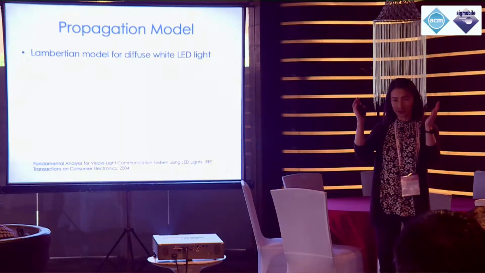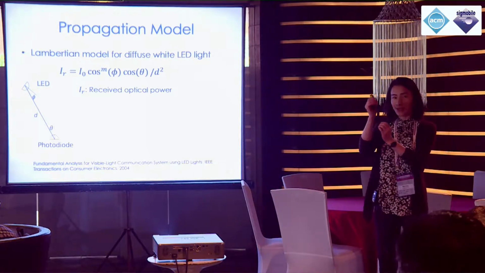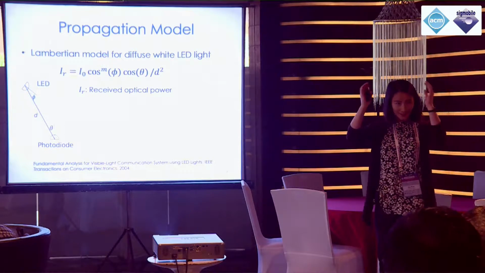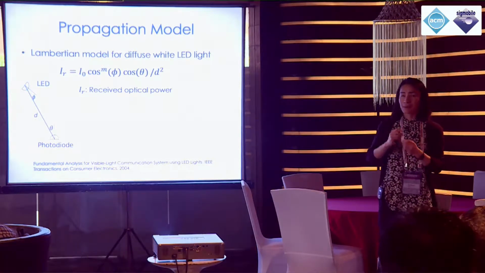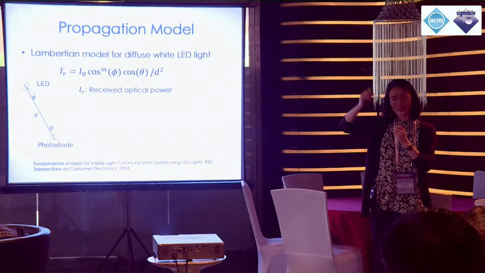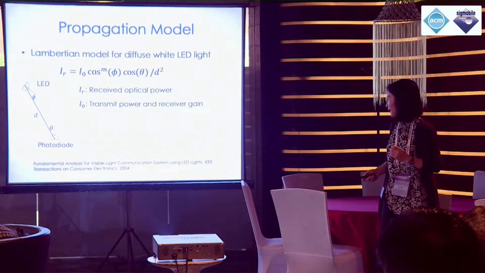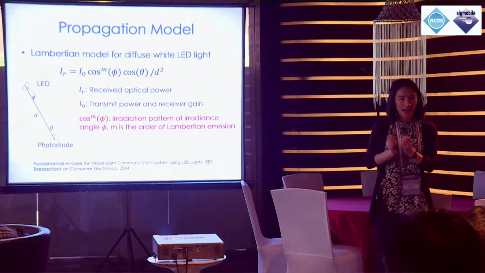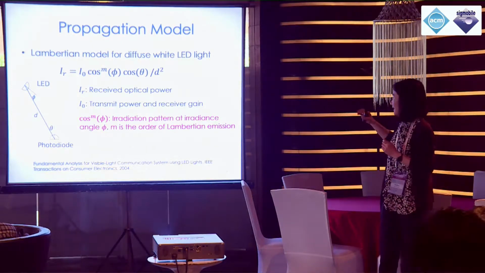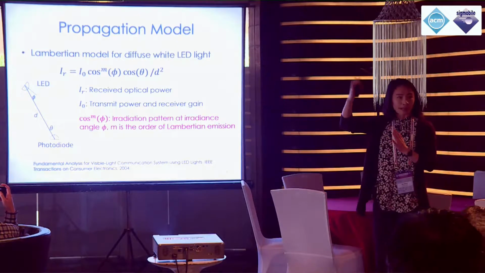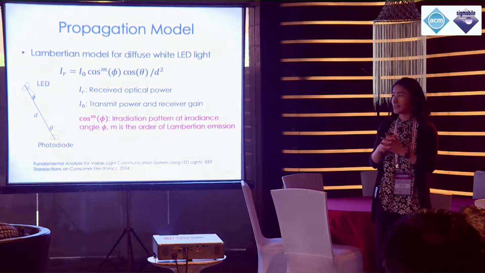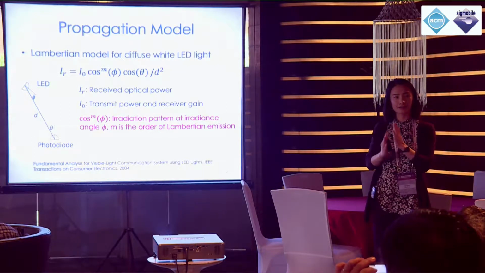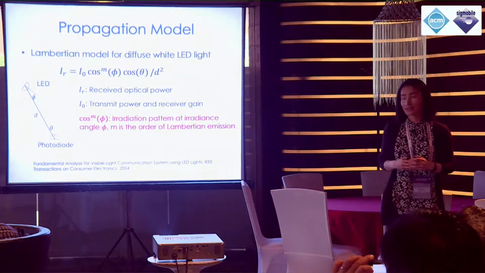If you imagine that the LED is radiating all the photons in a sphere shape, then depending on the irradiance angle, you can estimate the amount of photons emitted in a particular direction. The irradiance angle is the angle between the outgoing light ray and the surface normal of the luminary.